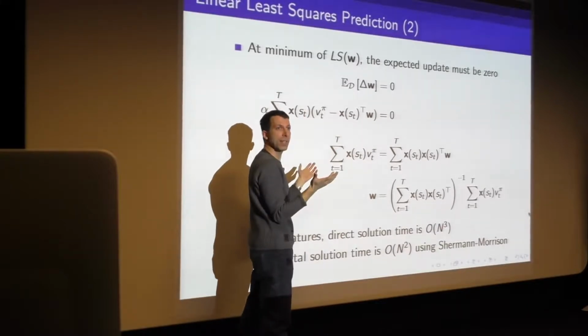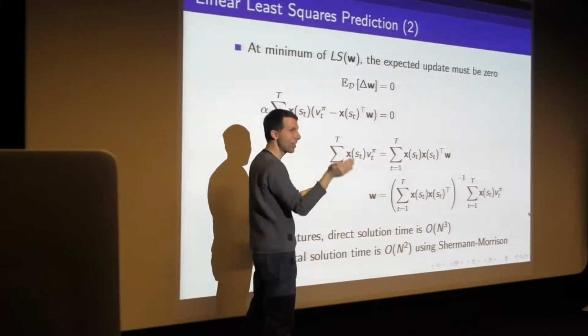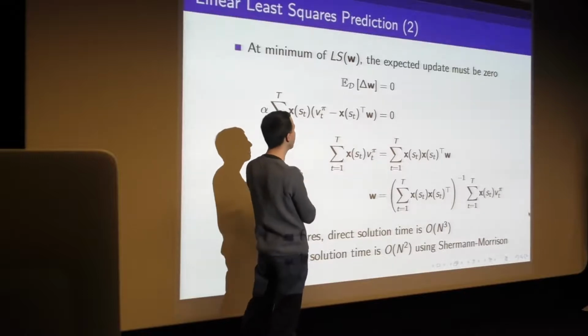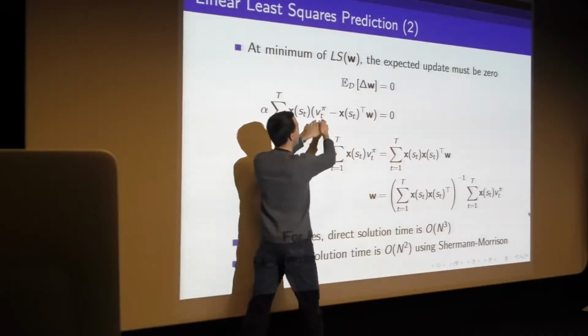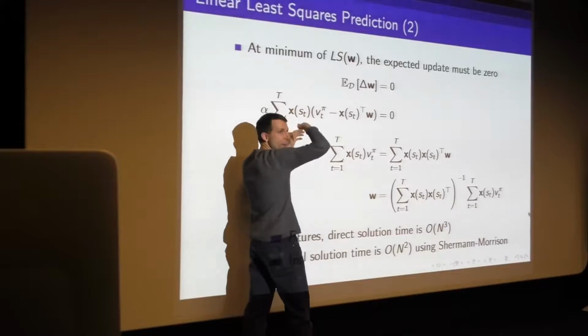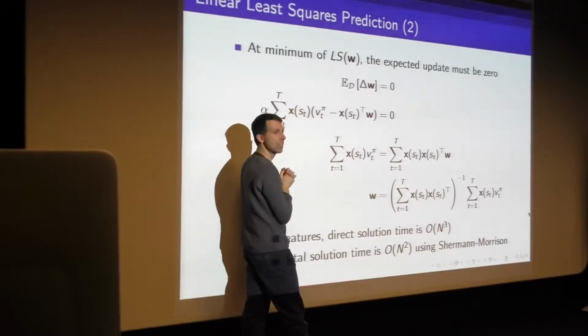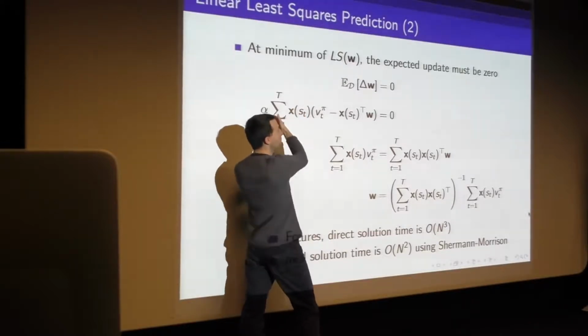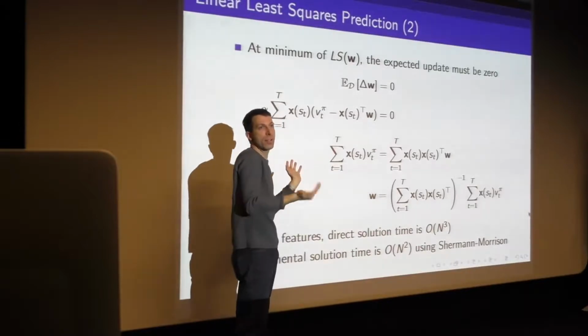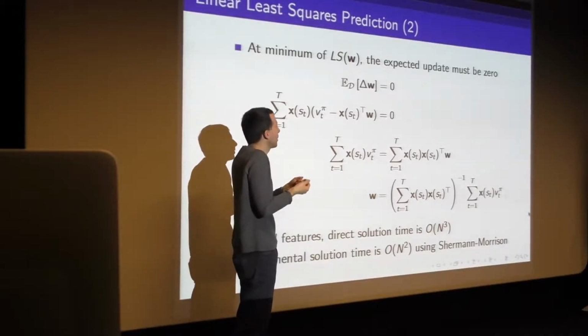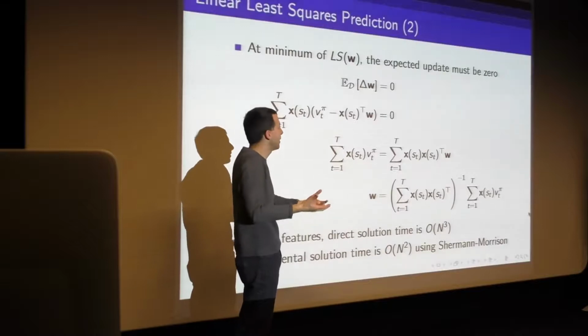That was our update. You can go back up and check if you don't believe me: step size times error times the gradient vector, which is just the features in the linear function approximation case. And we want the sum of all of these things to be 0. We want the average gradient of our objective function to be 0.